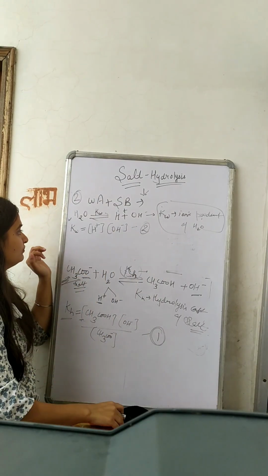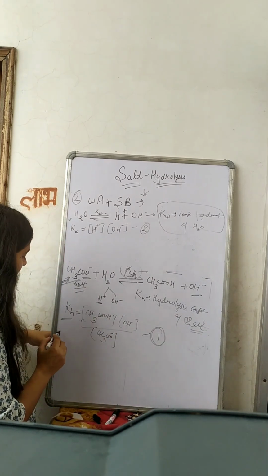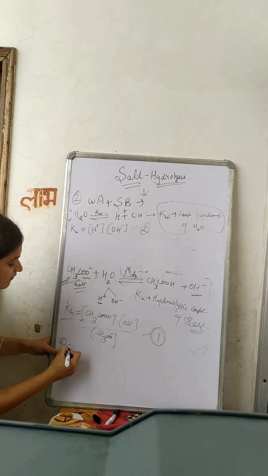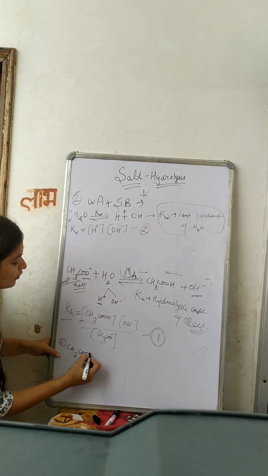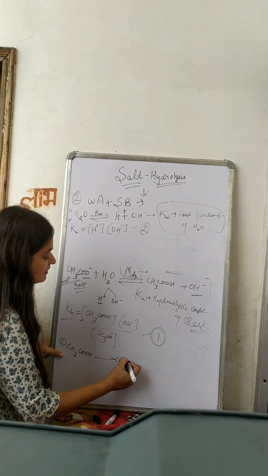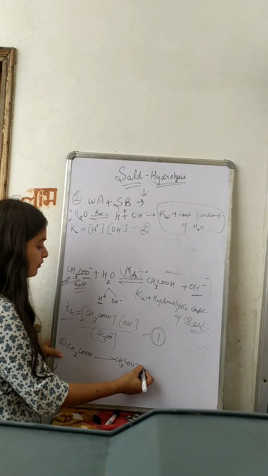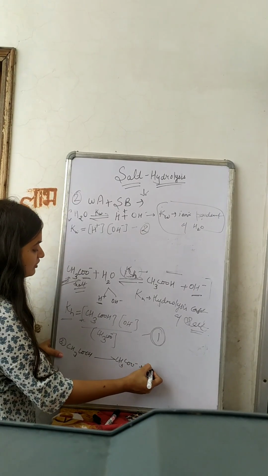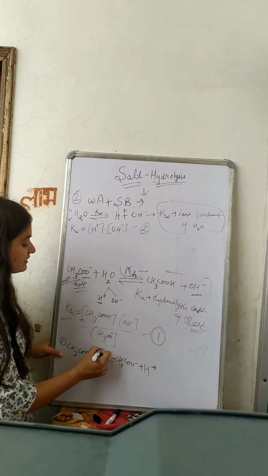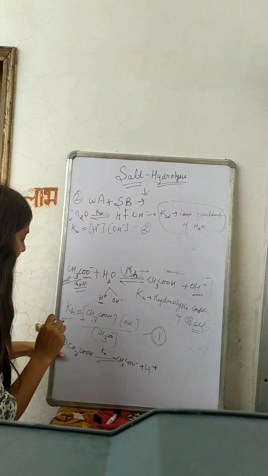Now a third reaction is also there: when the acid CH3COOH dissociates into CH3COO negative and H positive ions, an equilibrium is established, known as Ka, the dissociation constant of the acid.